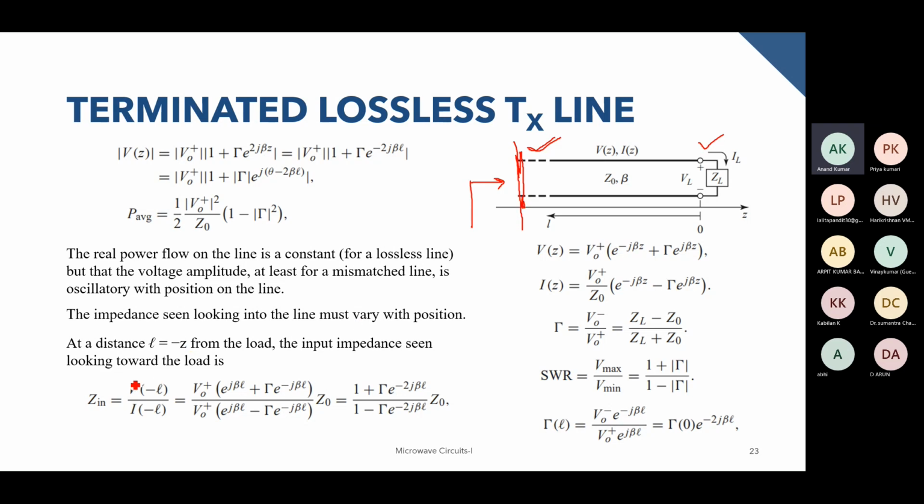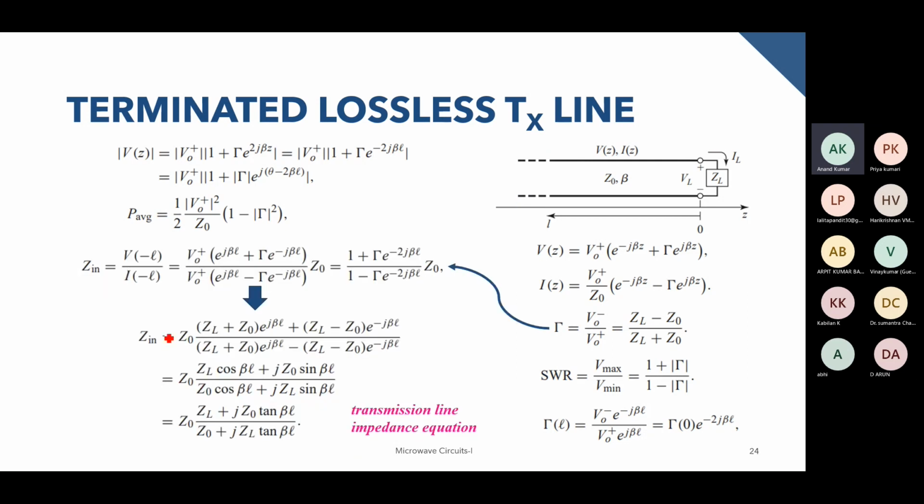We already have the expression for voltage and current that we derived throughout the previous slides, starting from the solution of the wave equation, and then substituted the characteristic impedance and the reflection coefficient. Using that, we substitute the values, and we get this particular expression. This expression is important, and we will evaluate it now.